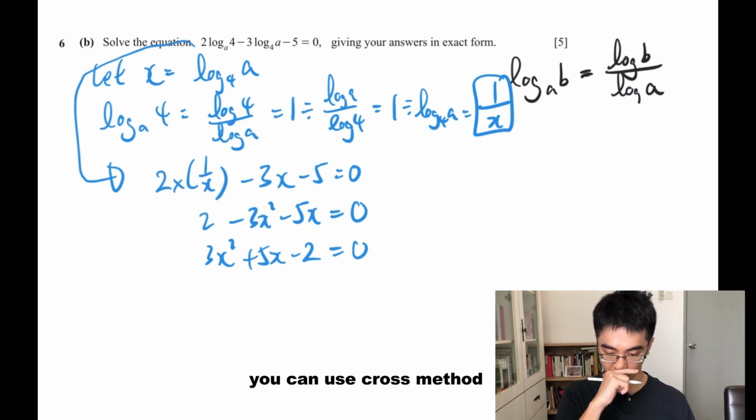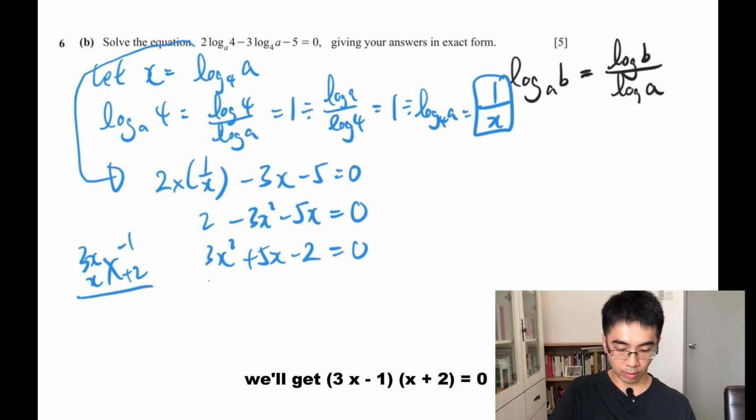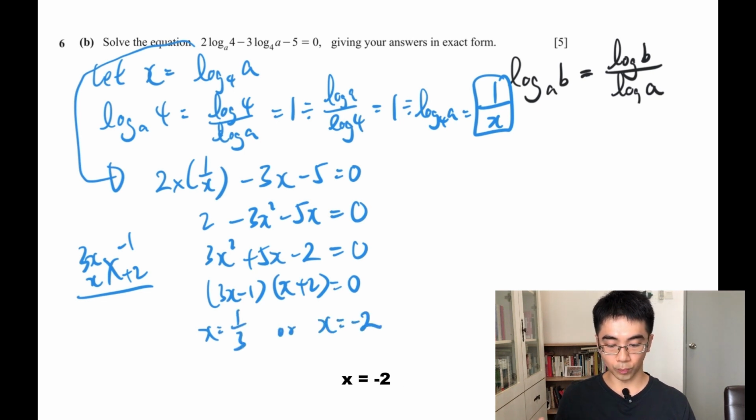So here you can use the cross method, or you can use the formula, it is still okay. So we will get 3x minus 1 and x plus 2, and it should be equal to 0. So x should be equal to 1 over 3, or x should be equal to -2.